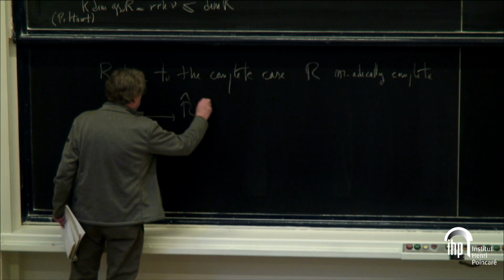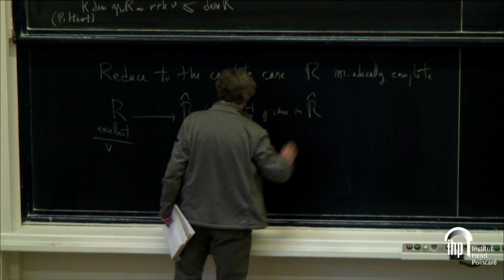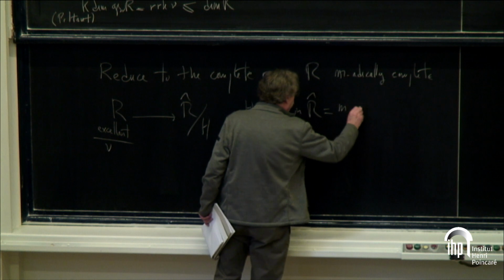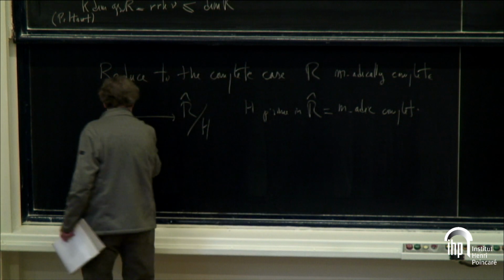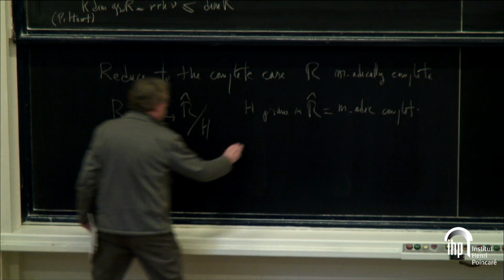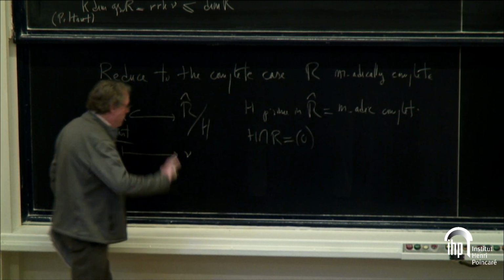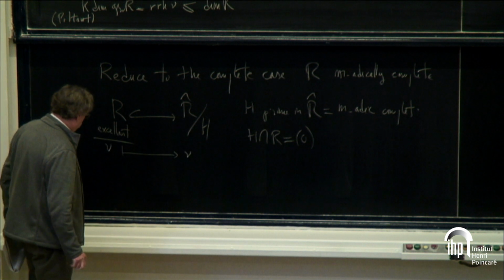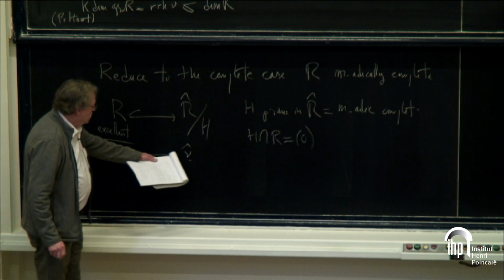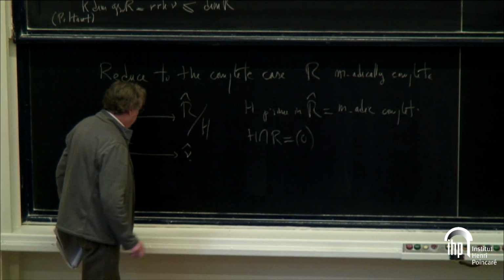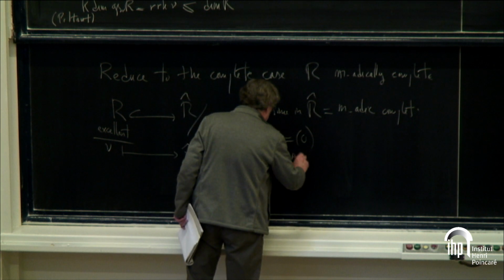The conjecture is that you can find a prime H in R hat, which is the M-adic completion, so that the valuation nu extends. So this is an injection, because I want that the intersection of H with R is 0. So it's a formal ideal. And the conjecture says that there exists an extension of nu to a valuation nu hat of R hat divided by H with the same value group.